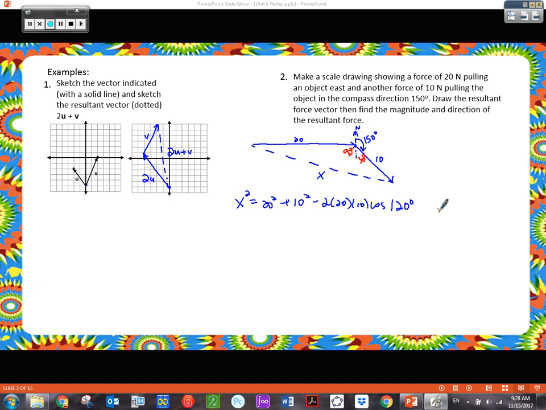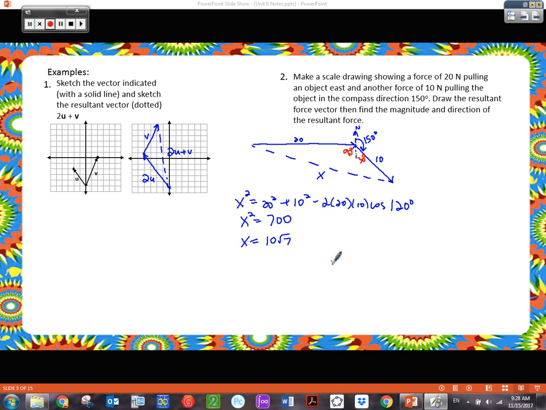This is unusual. Normally we would have a weird decimal. You're used to that, right? With all the other applications we've been doing with law of cosines in the past. But with this one, since cosine of 120 is negative 1/2, we actually get that x squared is 700, and we're able to do an exact value here. So x is going to be 10 root 7.